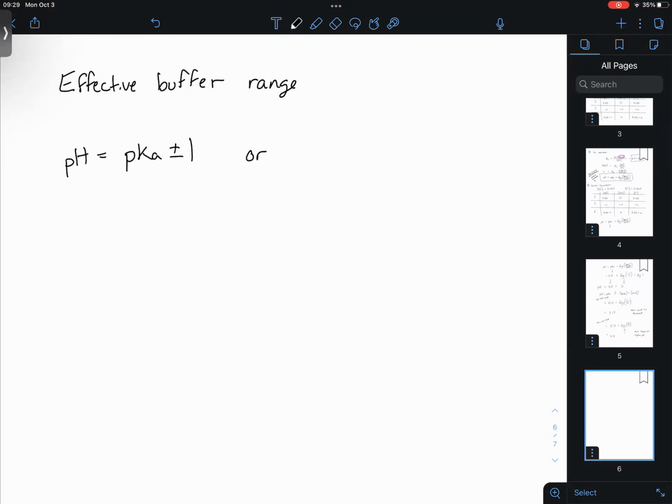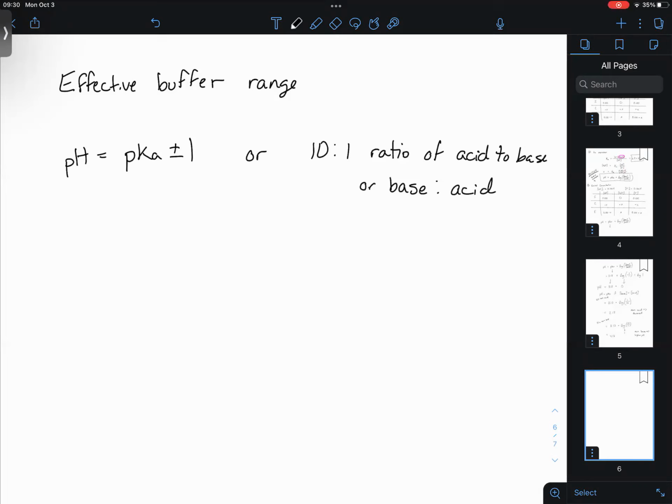Or when there's a 10-to-1 ratio of acid to base or base to acid. Okay, this is what we call the effective buffer range.